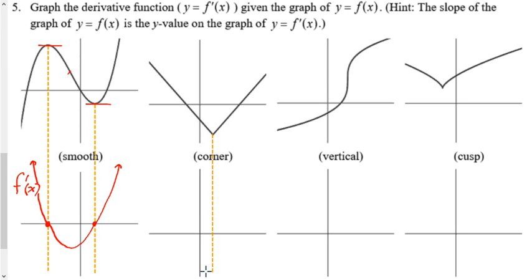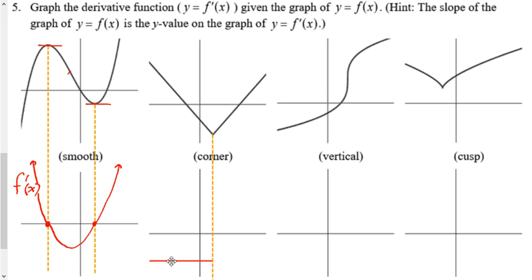This time, rather than being an x-intercept like we had over here, this is going to be where my derivative is undefined. But as I look at this, I have a constant negative slope, which means I have a constant negative y value.